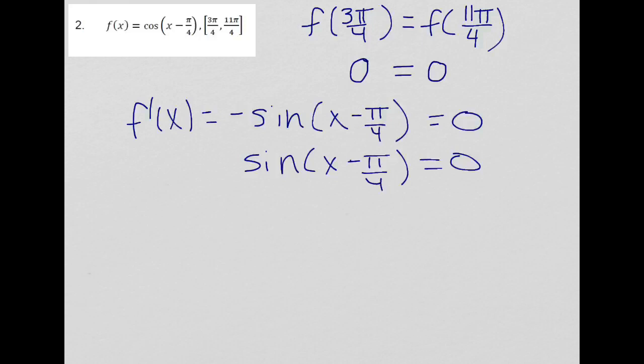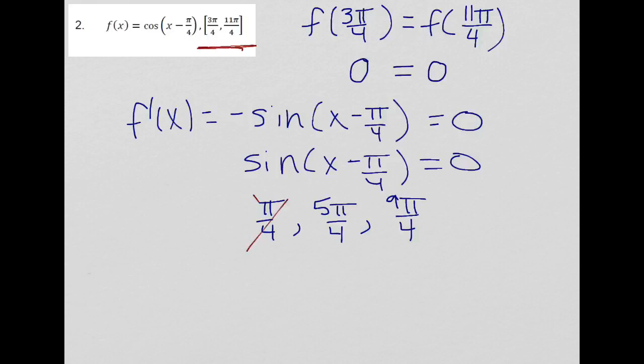Okay, so sine is 0 at 0 and pi, but we have this little minus pi over 4. So instead of it being 0 at 0 and pi, it's actually going to be 0 at pi over 4, 5 pi over 4, 9 pi over 4. So always a pi over 4 past what we needed. But I need to look at my interval. My interval is from 3 pi over 4 to 11 pi over 4.